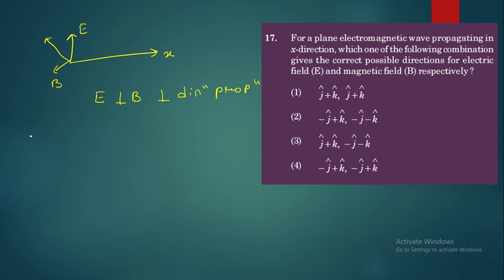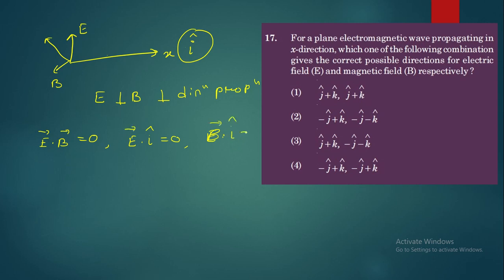In an electromagnetic wave, the direction of the electric field, the magnetic field, and the propagation are all mutually perpendicular, which means E dot B must be equal to 0, and the direction of propagation in this case is i cap, so E dot i will be equal to 0, and B dot i will also be equal to 0.